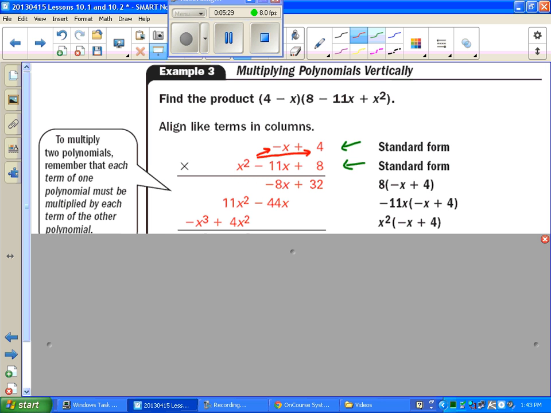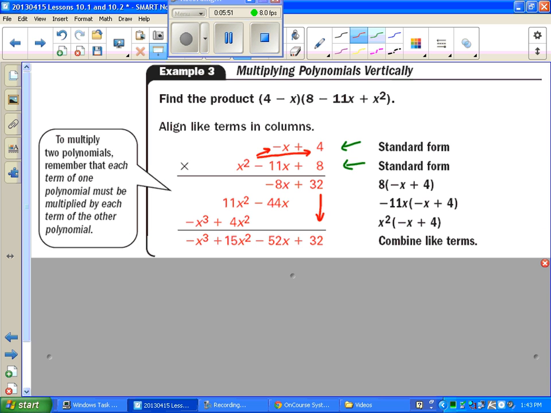So now we have all of this stacked on top of each other: negative 8x plus 32, 11x squared minus 44x, and negative x to the third plus 4x squared. Everything's still in columns according to the exponent. So we just add up what we have, all the way on the far right, the number 32.